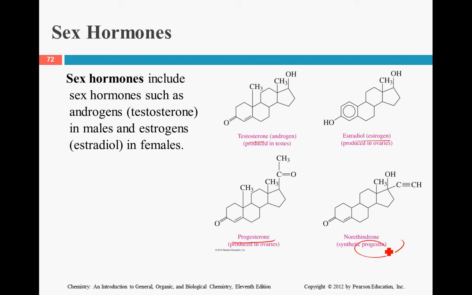This is if a woman is having problems conceiving. The doctor might have the woman have injections of a synthetic progesterone, so that way the egg can hold on a little bit better.